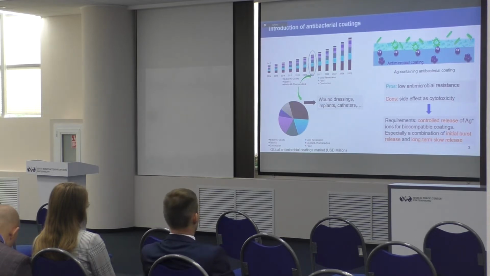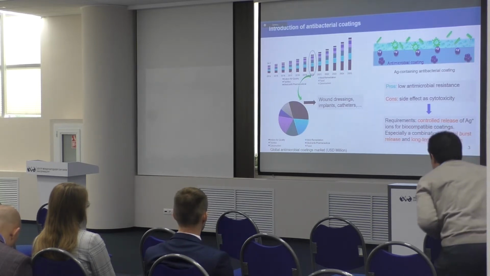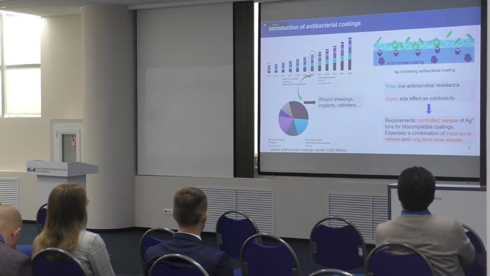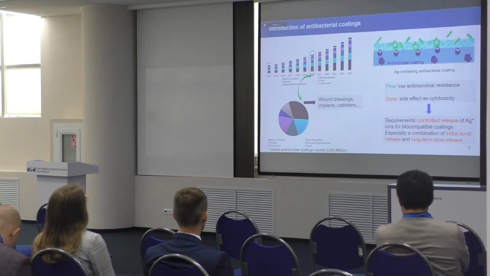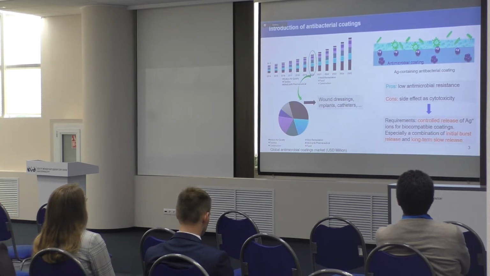A typical example of antibacterial coatings is Cvelbar containing antibacterial coating, which has been widely used due to low antimicrobial resistance. However, it may have side effects of cytotoxicity due to overdosage. Therefore, controlled release of Cvelbar ions are necessary for biocompatible coatings, especially the combination of initial burst release and followed slow release, which can be beneficial for the medical applications.